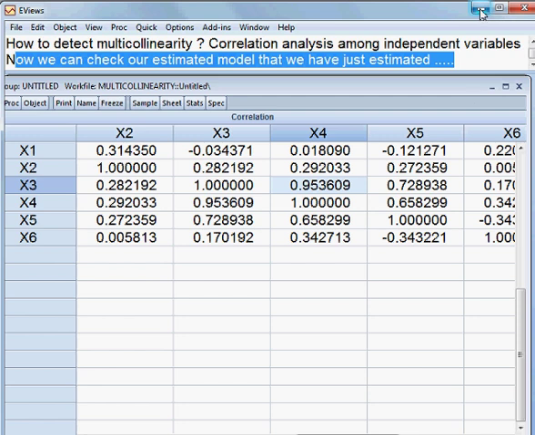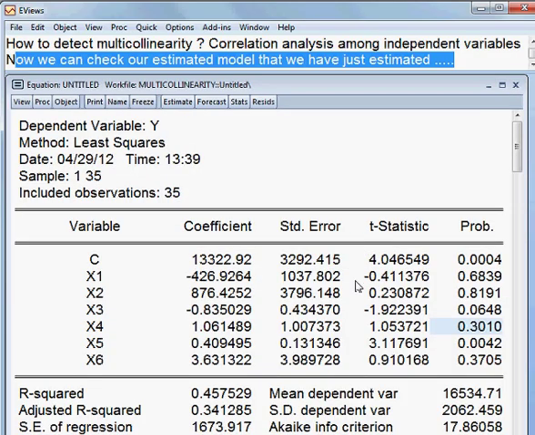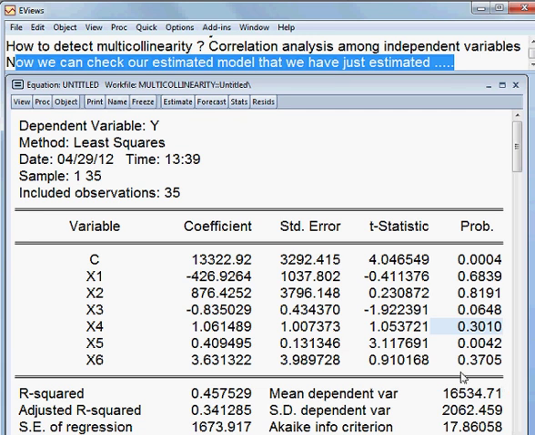Okay, our model is which one? Oh, sorry, the model is here. Yes, this is the model that we have just estimated. Out of x3 and x4, you can see the x3 p-value is 0.06 and the x4 p-value is 0.30.